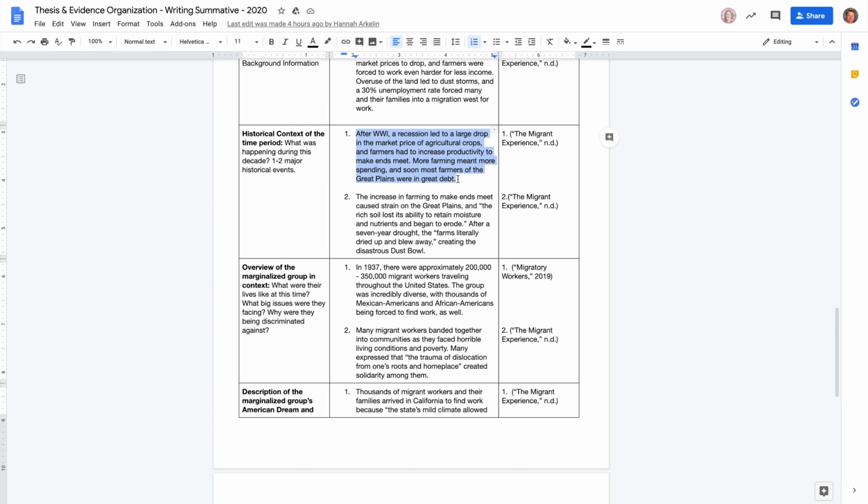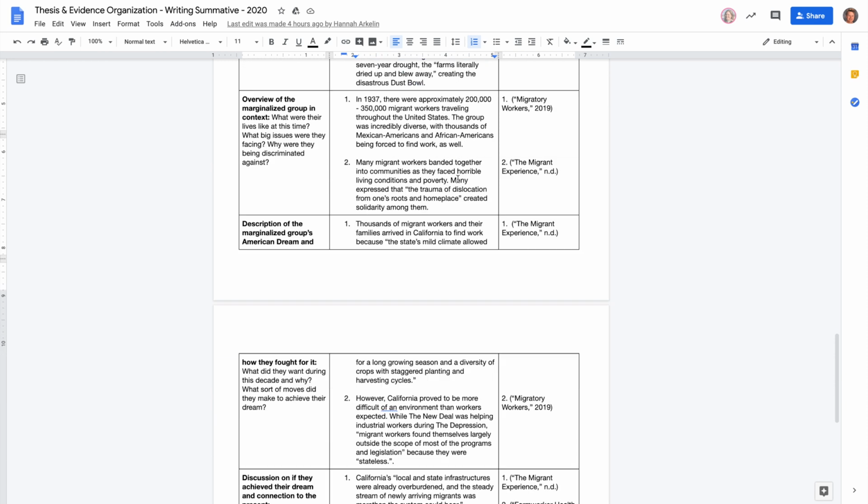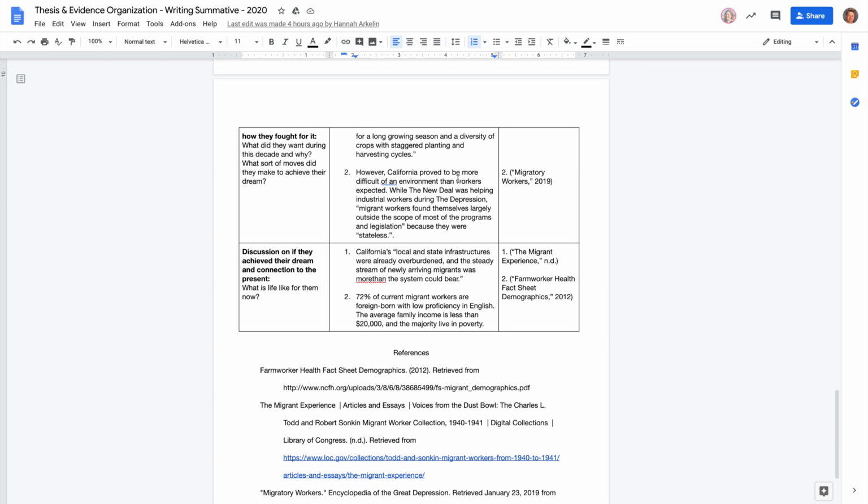How well are you able to organize your evidence, right? It's called an evidence organizer, so that is the name of the game. You can't just put your quotes in willy-nilly and call it a day, no matter how good your citation is. It doesn't matter. It has to make sense, in terms of, if you were writing this paper, could you actually write a convincing paper using that evidence, or would it just sound kind of random?